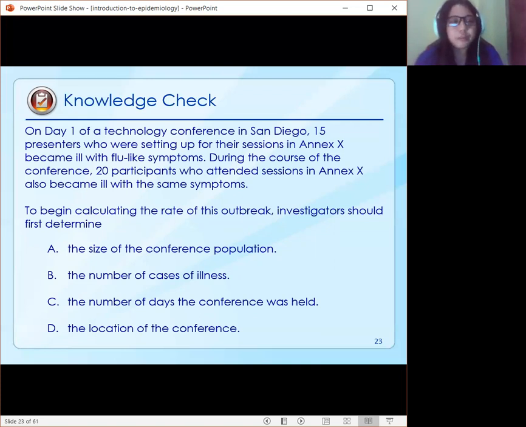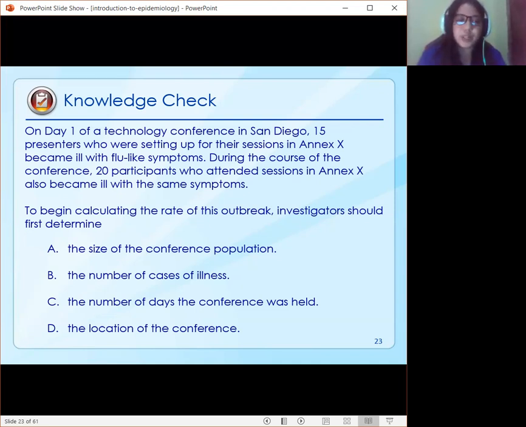To begin calculating the rate of the outbreak, investigators should first determine: A, size of the conference population; B, number of cases of illness; C, number of days the conference was held; D, location of the conference. What is your answer?